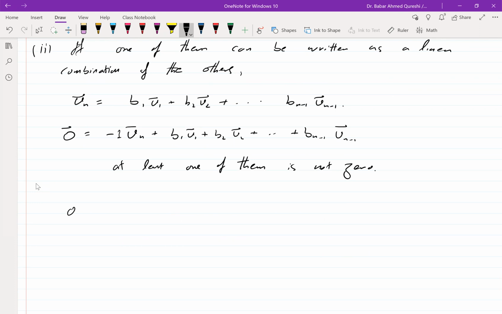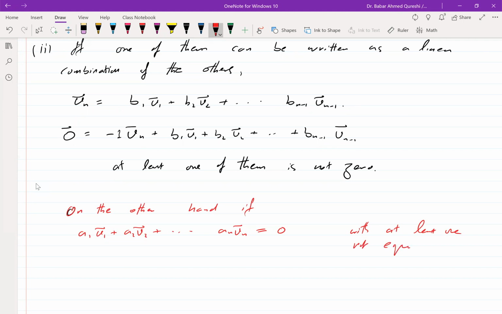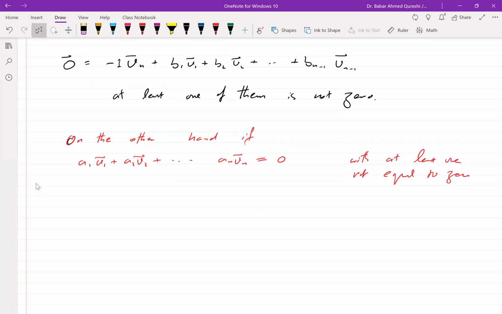And on the other hand, if you are given this is zero with at least one not equal to zero, so suppose the one which is not equal to zero, you can call it anything. I'm going to call it an.